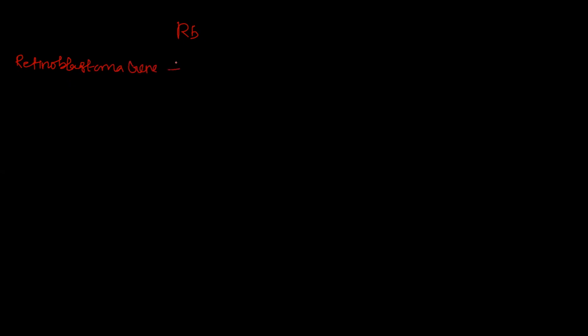You should be familiar that it is a cancer of the eye, right? And it is mostly seen in young children. This will encode a protein that acts by altering the activity of transcription factors. So it will interact indirectly in the control of gene expression.